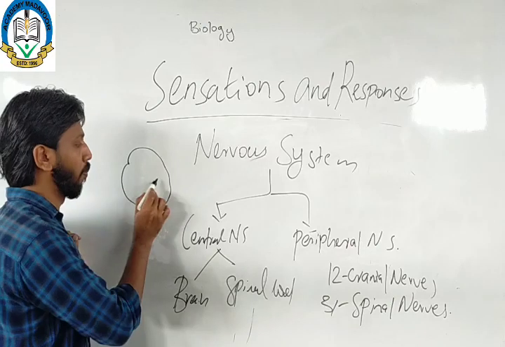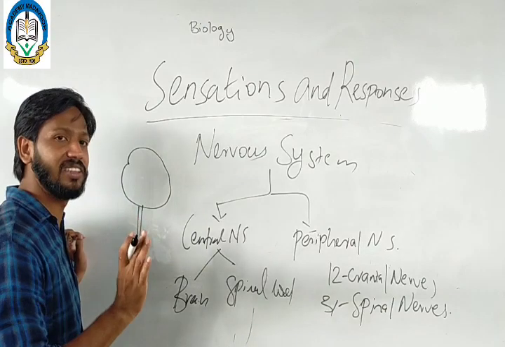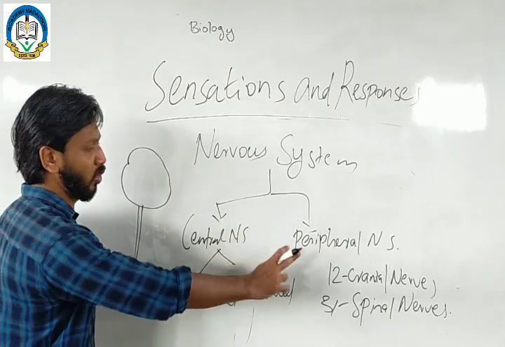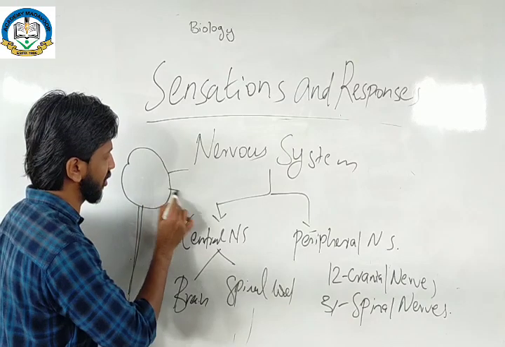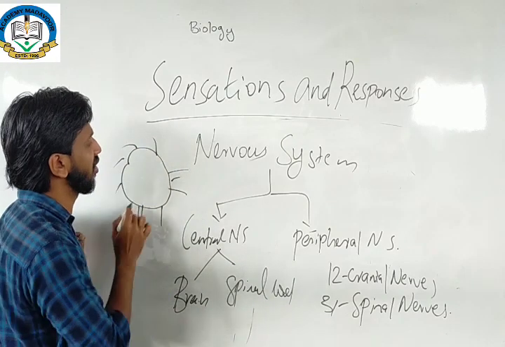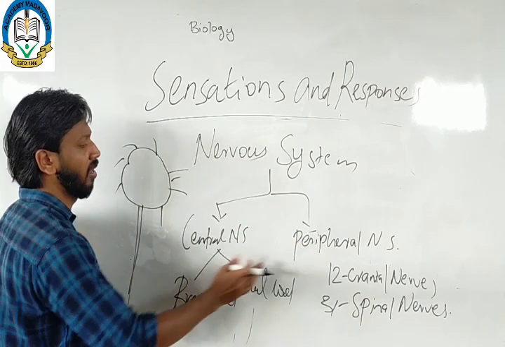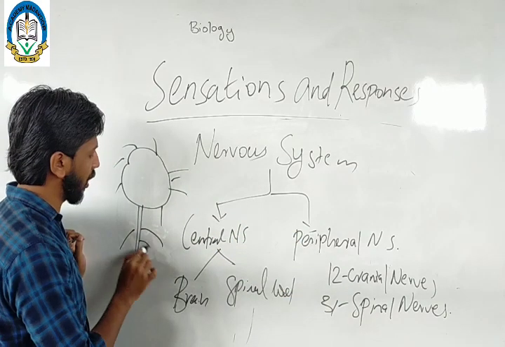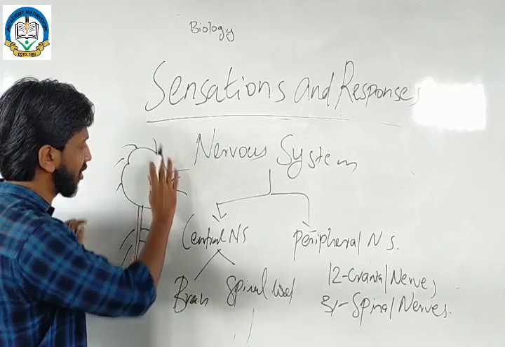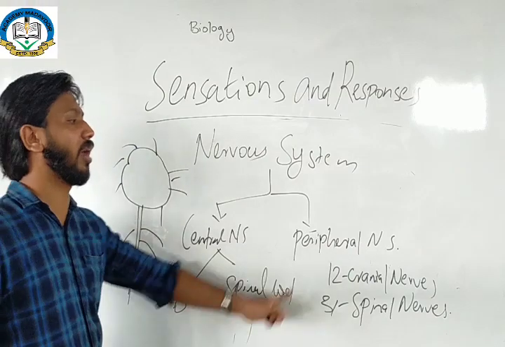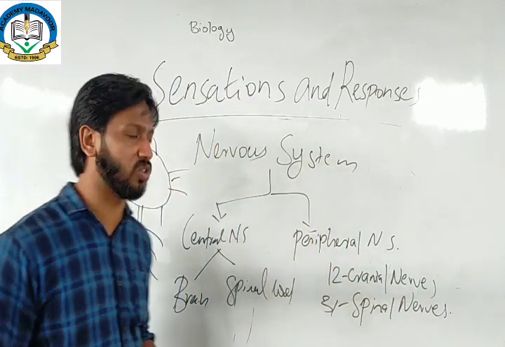Brain and spinal cord are the central nervous system. The 12 pairs of cranial nerves rising from the brain are part of the peripheral nervous system, and the 31 pairs of spinal nerves are also part of the peripheral nervous system.